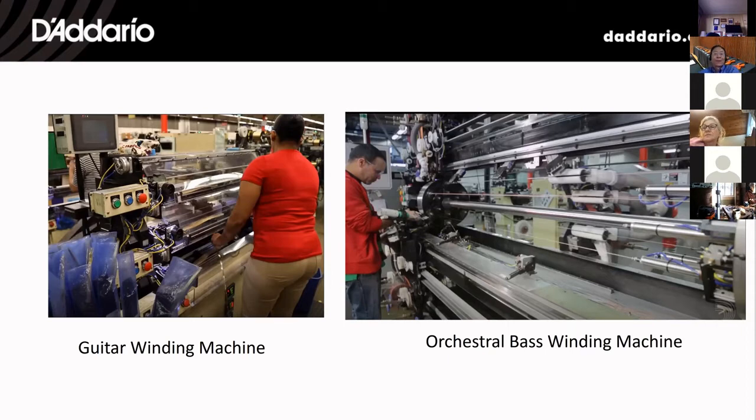There's a picture of a guitar winding machine on the left and an orchestral bass winding machine on the right. Now as the string gets larger and larger in diameter, we also make use of multiple windings, different materials, and geometries, all in an effort to reduce the bending stiffness.